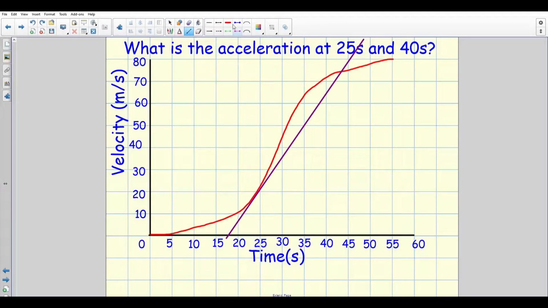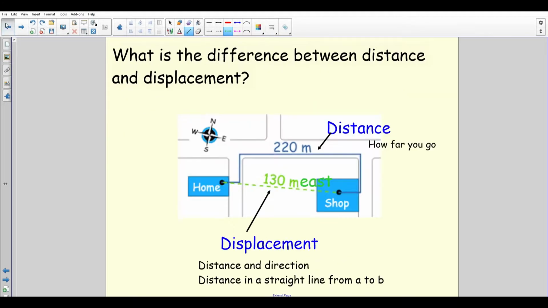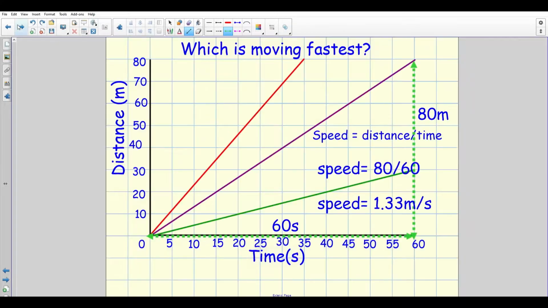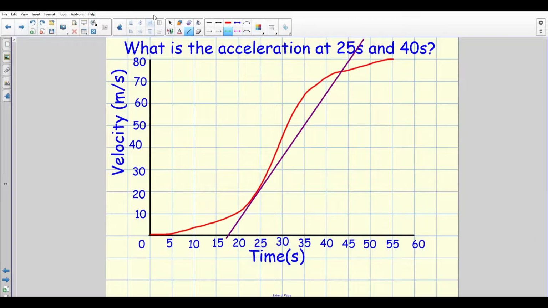So I'm finding the gradient of the graph just like you normally do, because we're now using the equation: acceleration is change in velocity divided by time. First, what is my change in velocity? If I'm picking my points to be here and here, I want to know how much my velocity has changed in how much time.